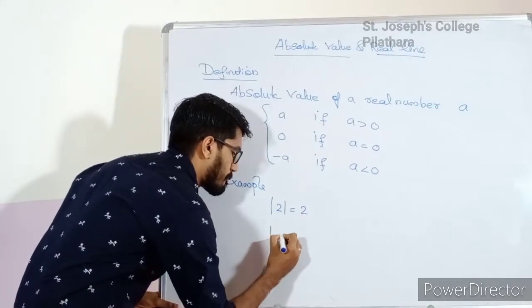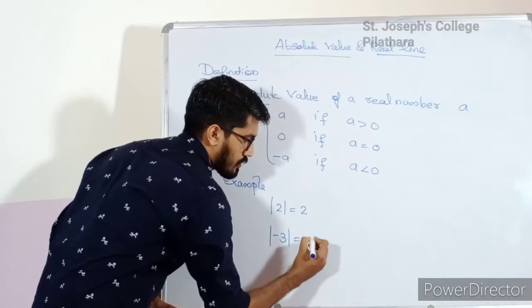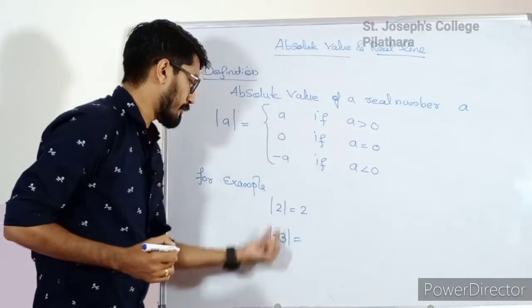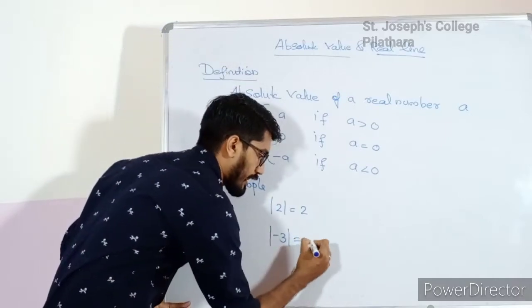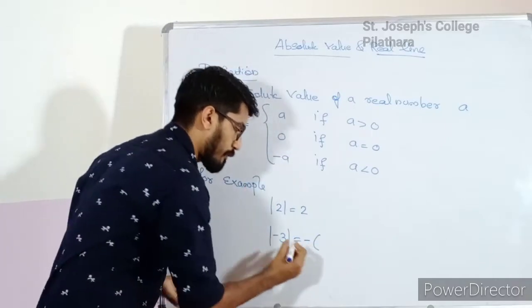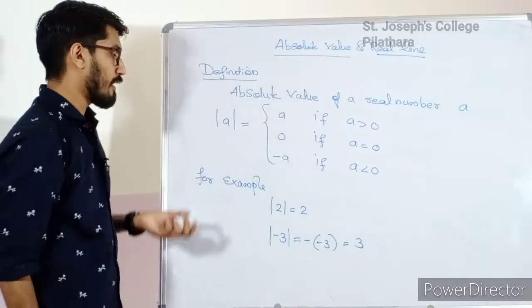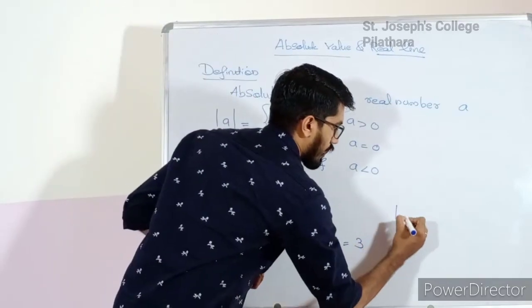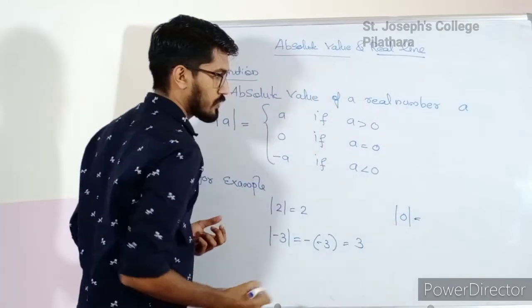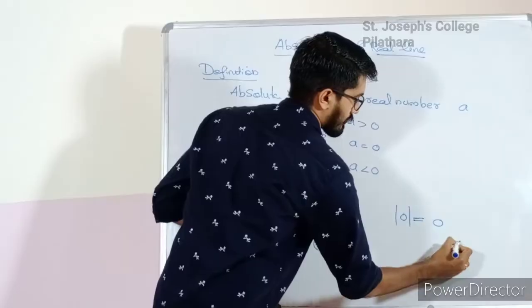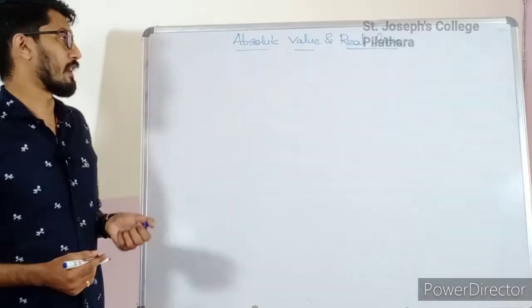The absolute value of minus 3: minus 3 is less than 0. Therefore, the absolute value is minus of A. A means minus 3, so it is equal to 3. Clearly, the absolute value of 0 is equal to 0. Okay. We move on to the first theorem.